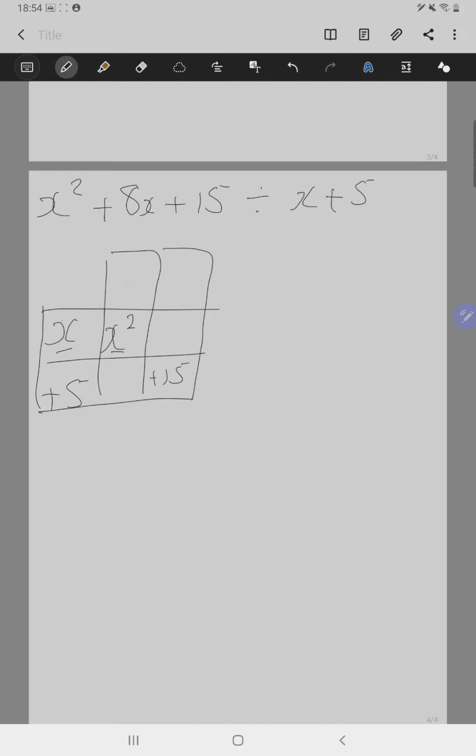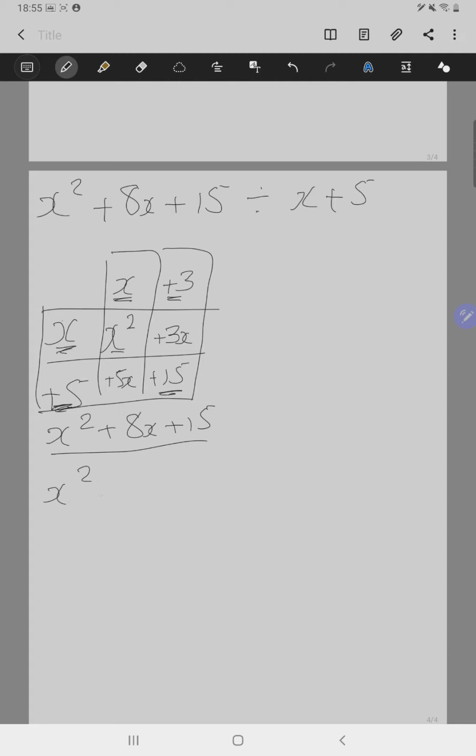x into x squared gives us x, and then x by plus 5 is plus 5x. Plus 5 into plus 15 gives us plus 3, and then plus 3 by x is plus 3x. And check, x squared plus 8x plus 15 is what we should end up with.